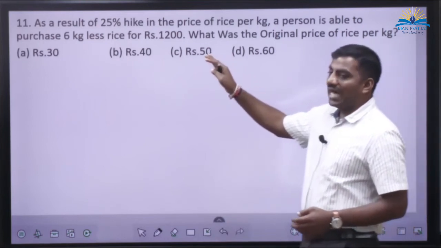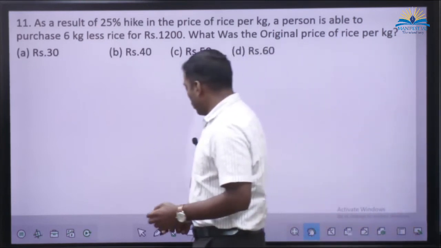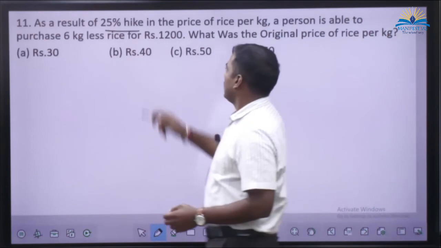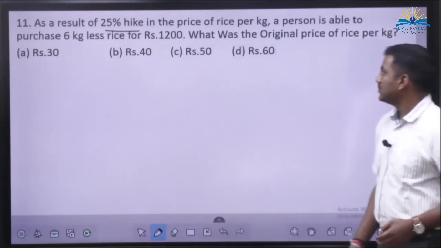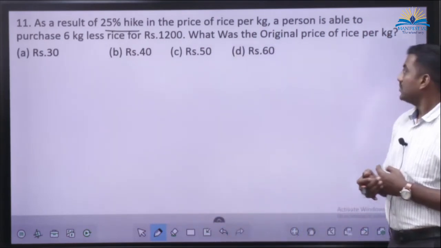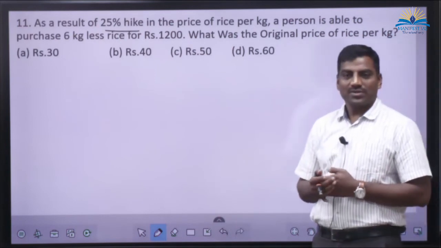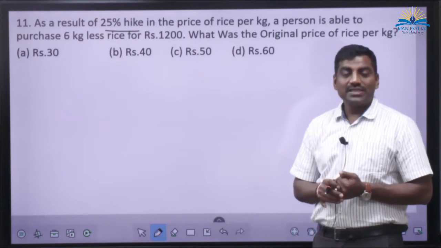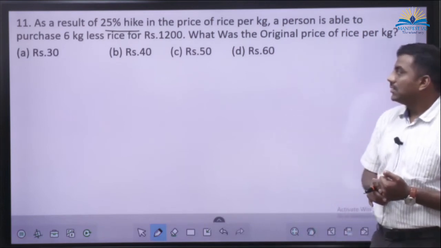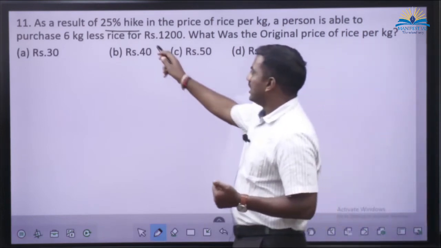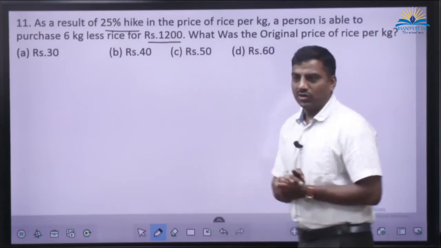In this, as a result of a 25% hike in the price of rice per kg, a person is able to purchase 6 kg less for rupees 1,200. His budget was 1,200 only.